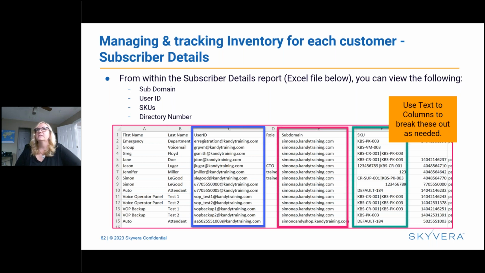And then you can see here the subdomain, you can see the user ID and the SKU. And of course, if you need to pull those out, you can summarize them, but you can then go in for each user and know what to click on and what to remove. Now, whenever you open up a subscriber, within that subscriber, you can uncheck one box and check another as long as there's inventory of the other, okay, if you need to move them around.